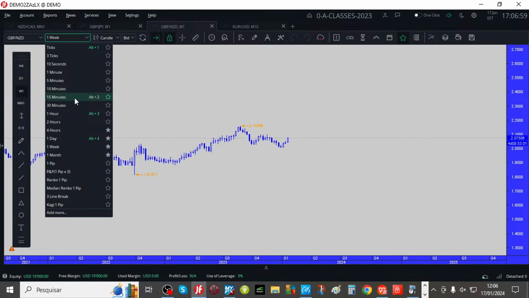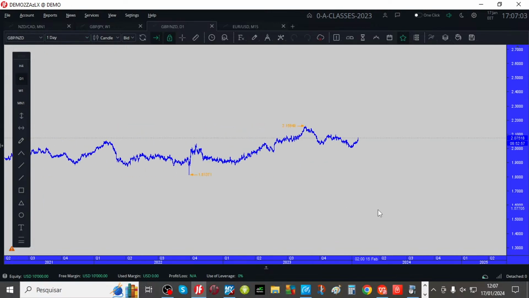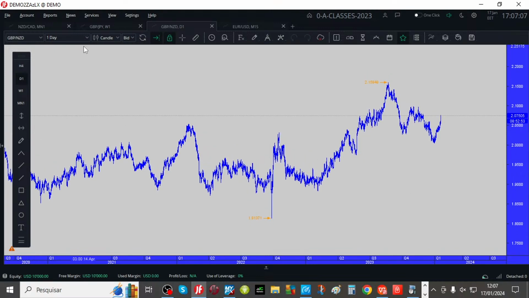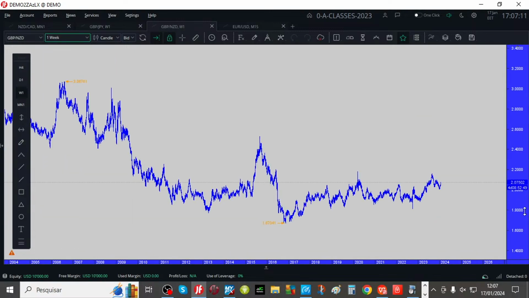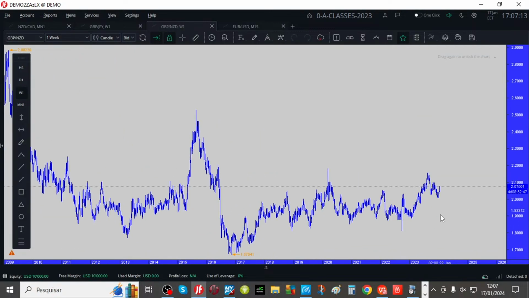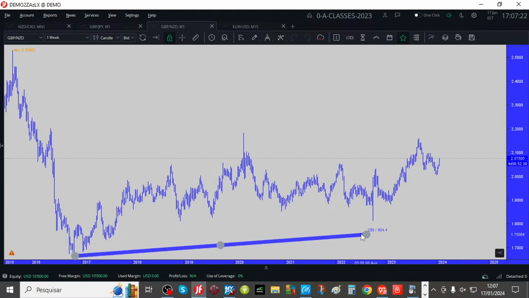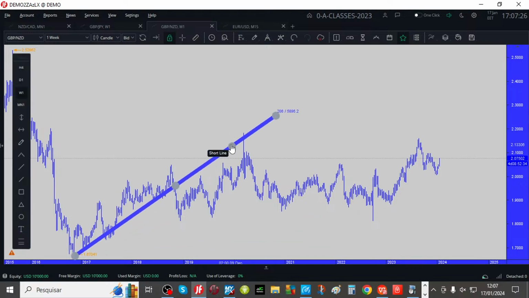GBP NZD daily chart, maybe the weekly chart. Alright, see here? Maybe not the best example.